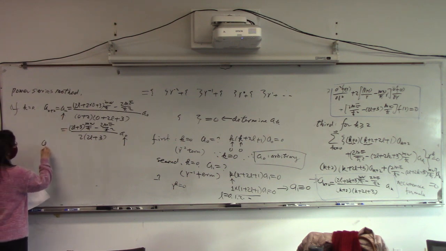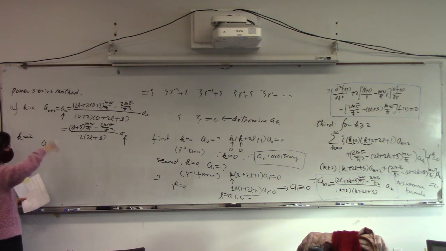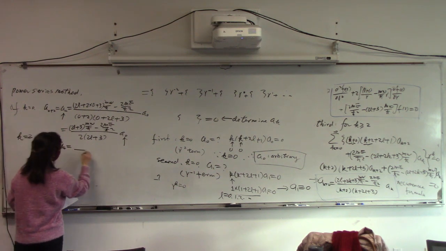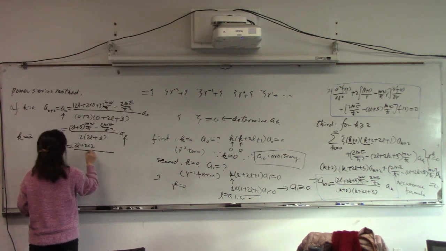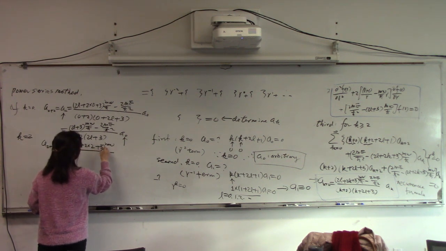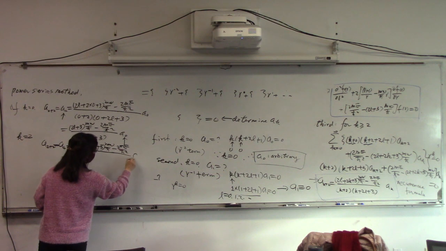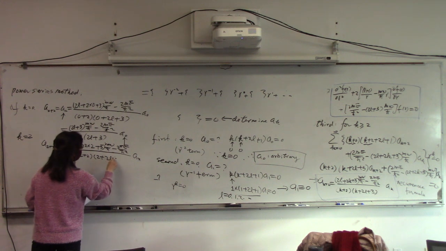And how about the next one? If k equal to 2, you may say why not 1? I'm going to for the even numbers. So that is 2 plus 2 is a4, right? So if I know a2, right? So now I go to here. 2l plus 2 multiply 2 plus 3 m omega h bar minus 2mE over h bar squared. This is a2. And denominator 2 plus 2, 2 plus 2l plus 3.